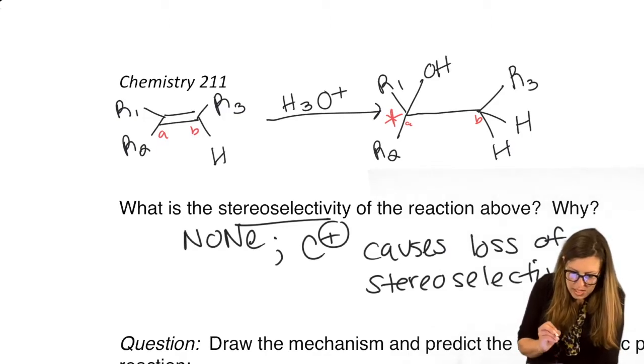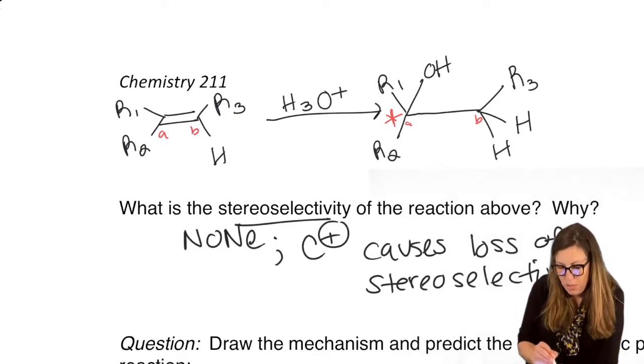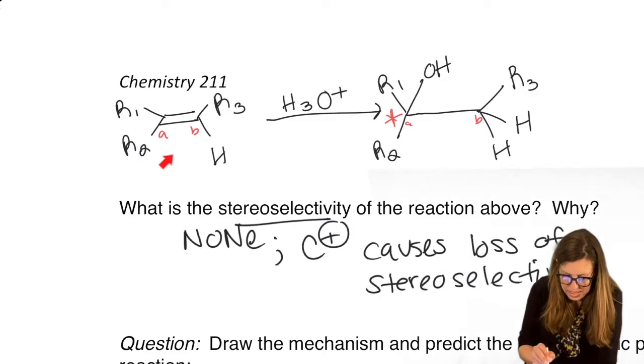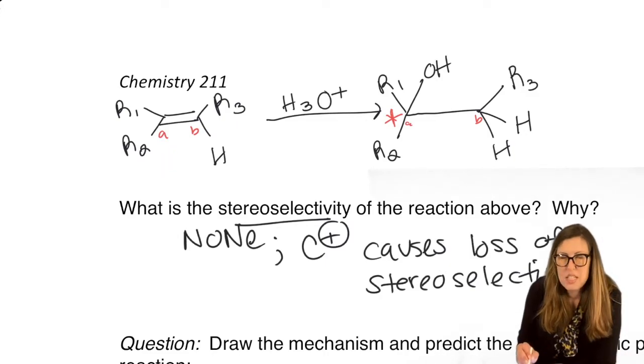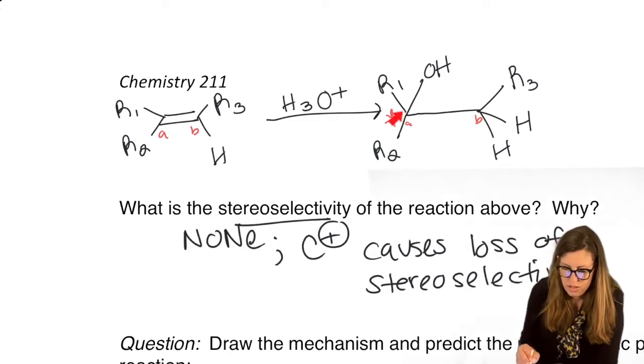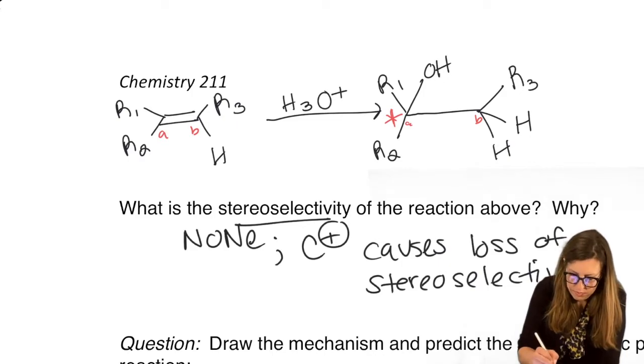So when a compound is previously not chiral, but upon adding a reagent, we get a new stereocenter, we call that prochiral.